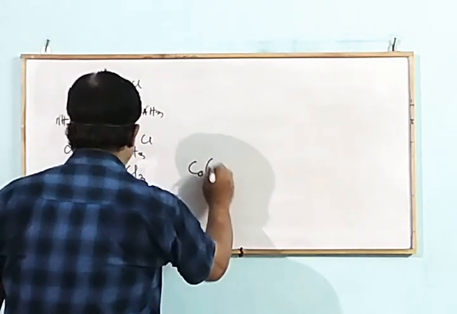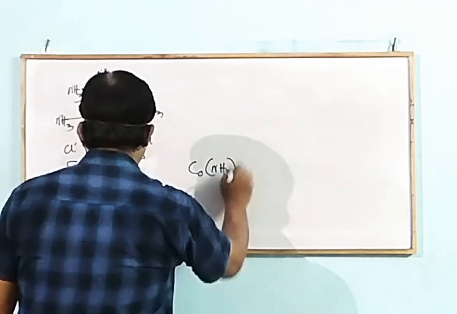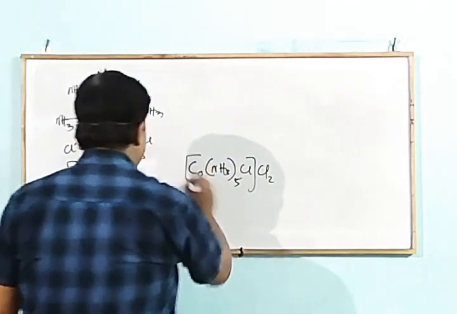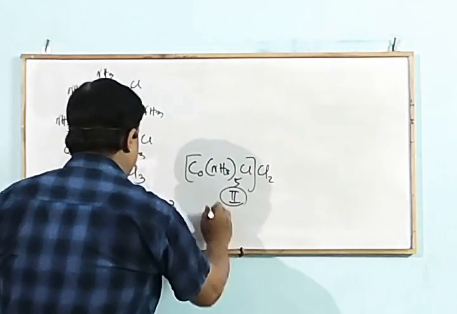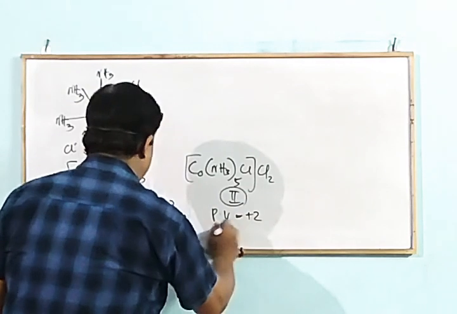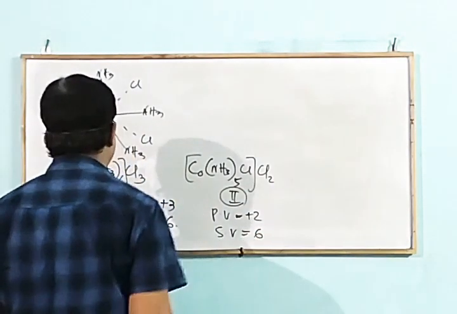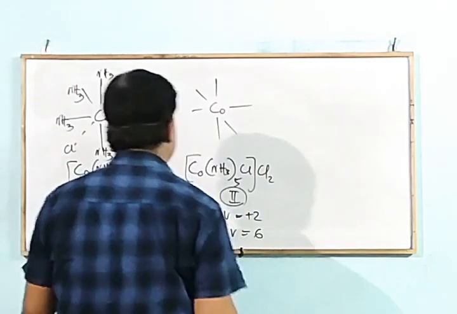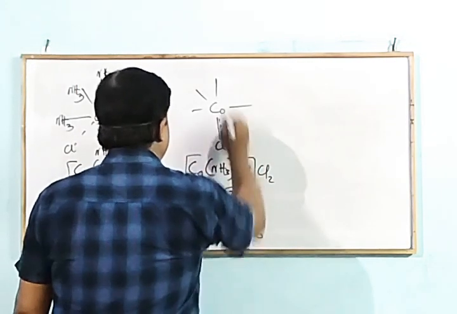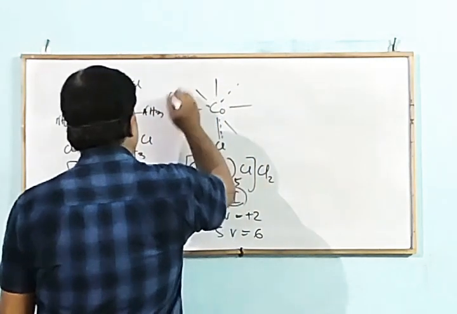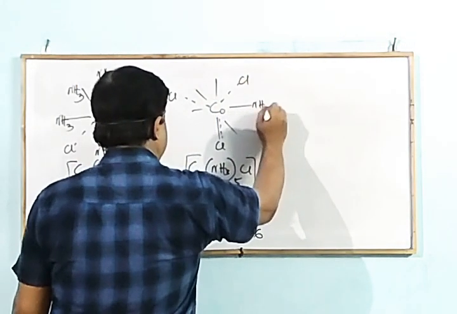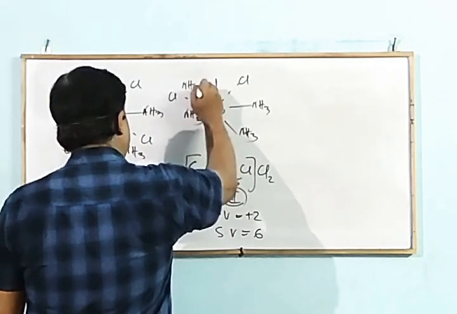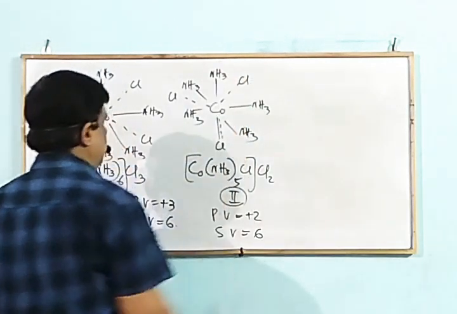Next, second structure: CoNH3 5 Cl2, structure 2. Here primary valency is +2, secondary valency is 6. Co, 1, 2, 3, 4, 5, 6, Cl, and NH3 five times.